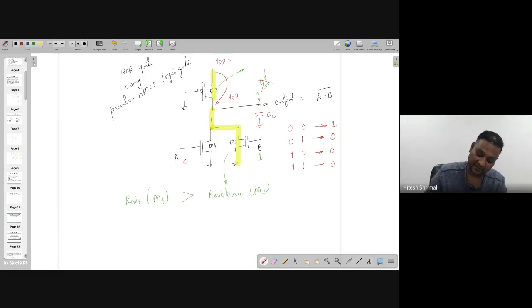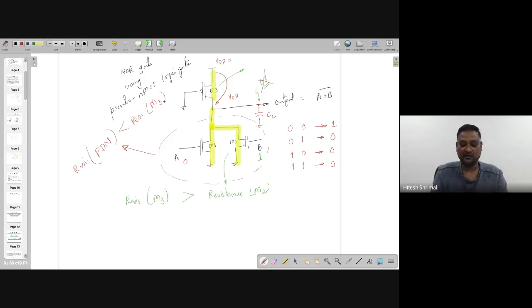The same thing will happen when both transistors are on or when one of the transistors is on. So in all these conditions, we have to make sure that the resistance offered by the power down network is lower than the resistance of M3.